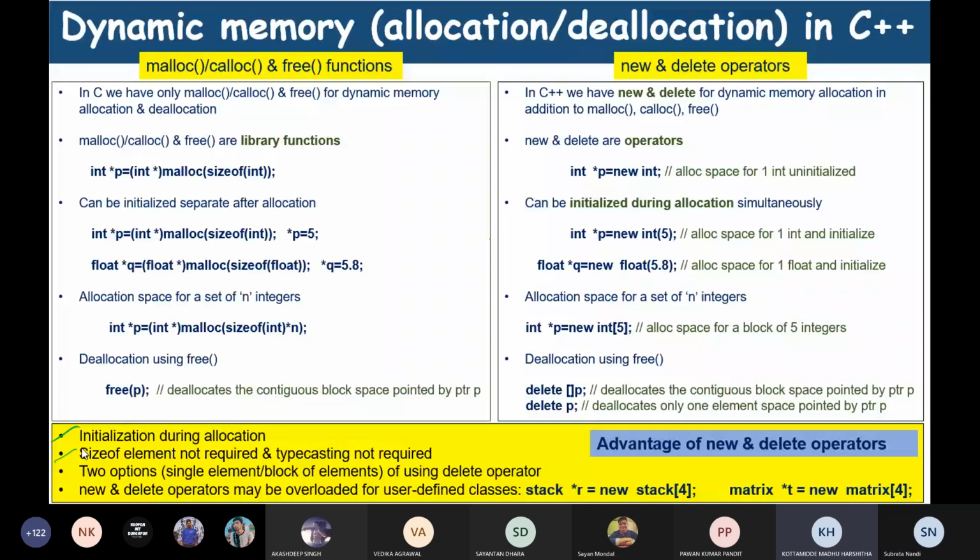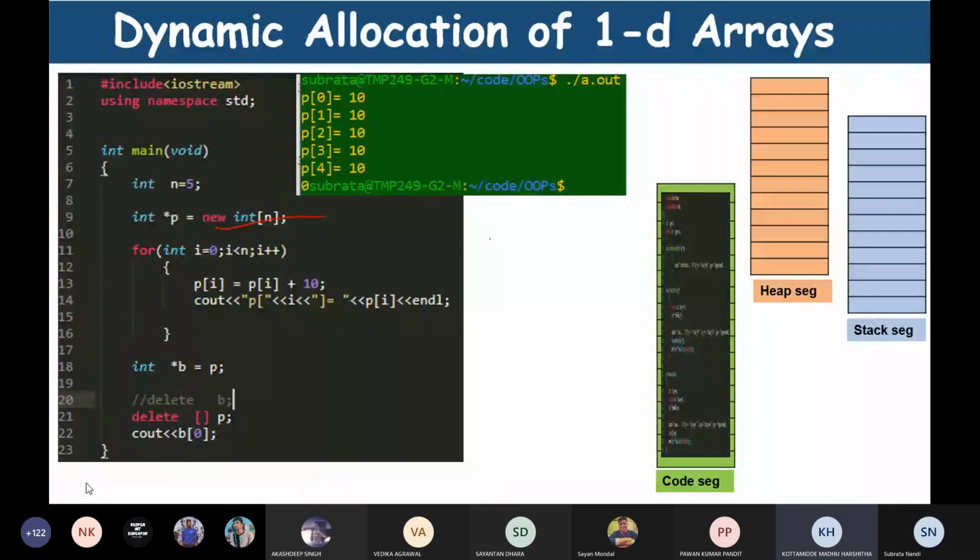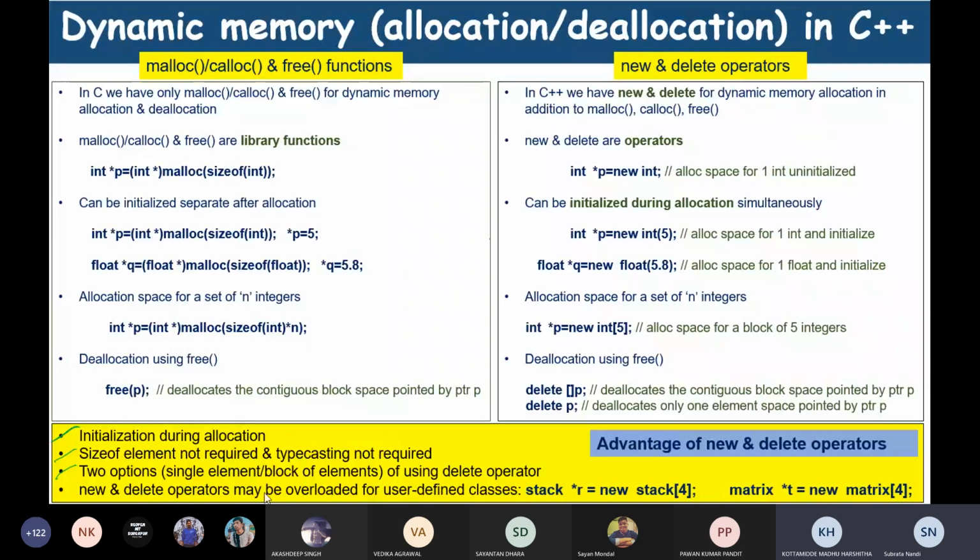Two options of using the delete operator: for deleting a single element, the first object in an array of objects, or the entire block of objects. So both are possible. And the new and delete operators may be overloaded for user defined classes like stack or matrix, whatever.